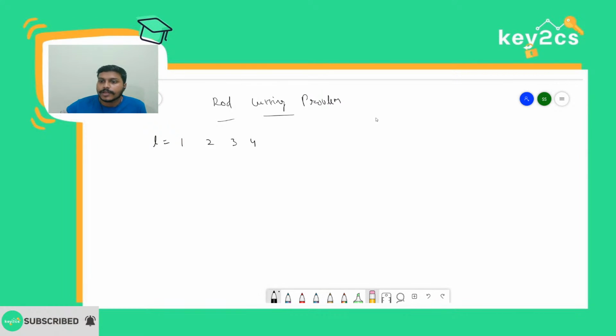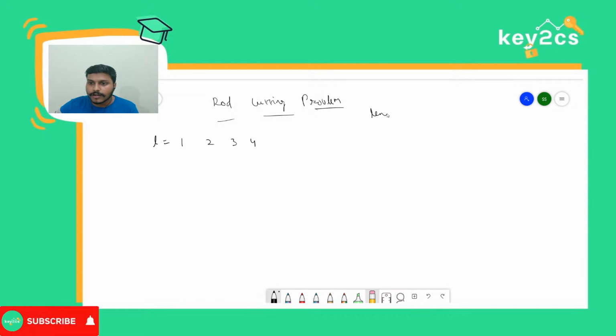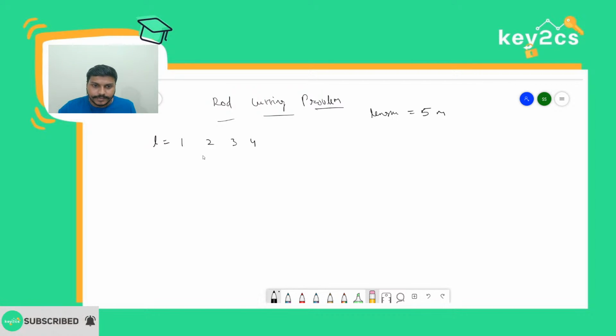You have to sell a total rod of length, let's say, 5 meter, for example. The profit that you would get by selling each rod of length less than 5 would be given to you.